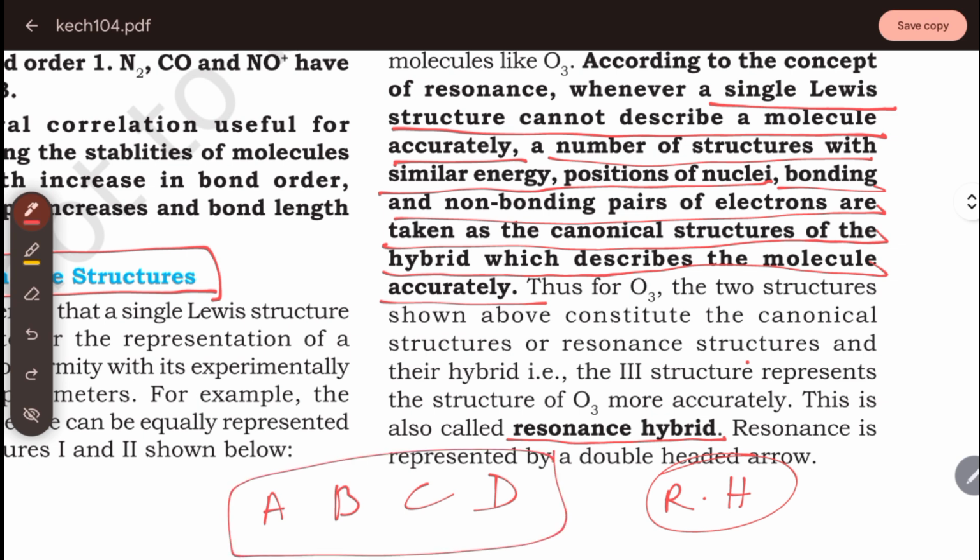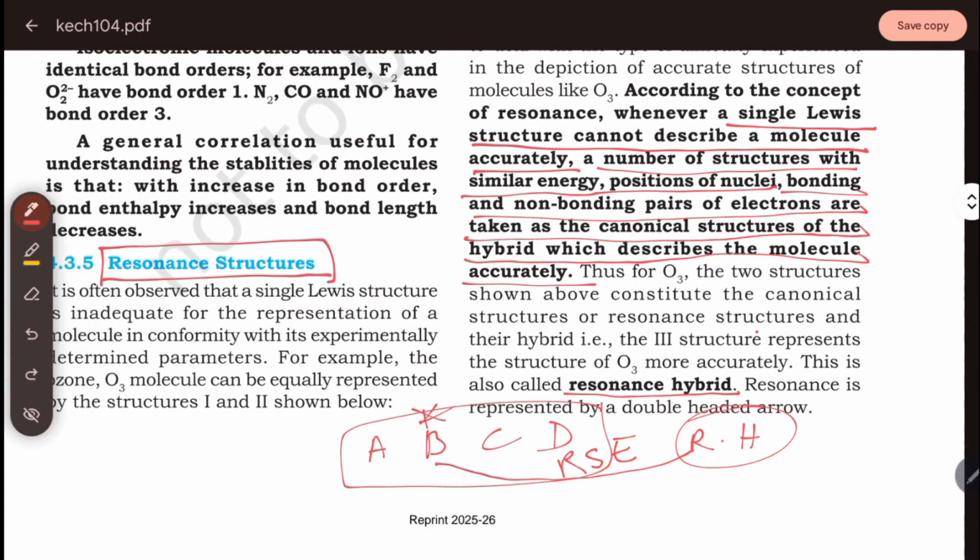The one which is more stable will have greater contribution than the one which is less stable. There are rules to see the stability that we will discuss later on. The energy difference between the most stable canonical form and the resonance hybrid is known as resonance stabilization energy.